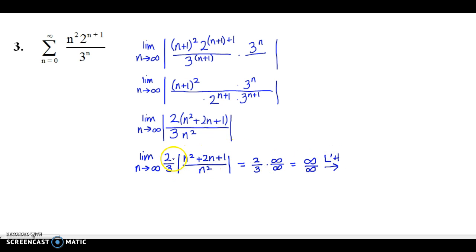So to continue the problem, we reevaluate the limit as n approaches infinity of 2/3 times the absolute value of the derivative of the numerator, 2n plus 2, over the derivative of the denominator, 2n.